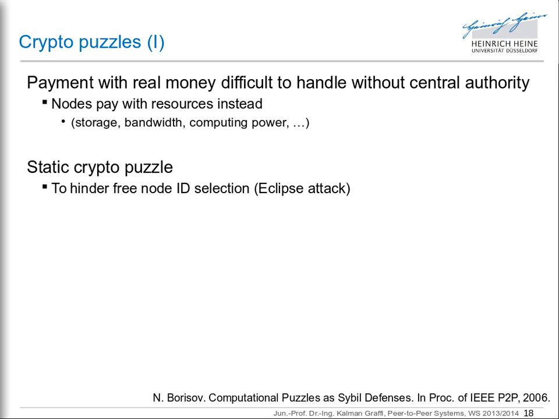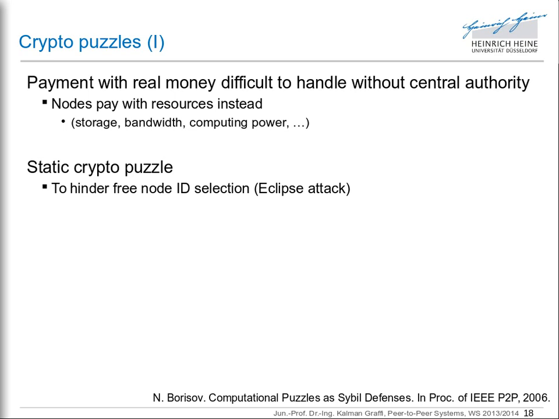Yes, first of all, a motivation for crypto puzzles. Payment with real money is difficult to handle without a central authority. A central authority in a peer-to-peer network is not good, and so nodes can pay with their resources instead.